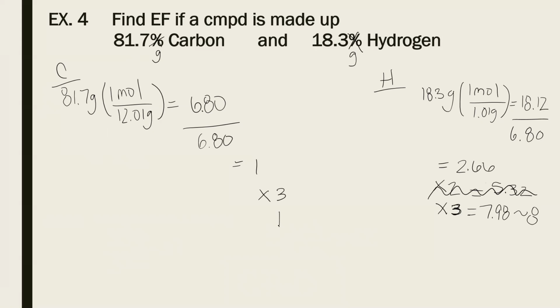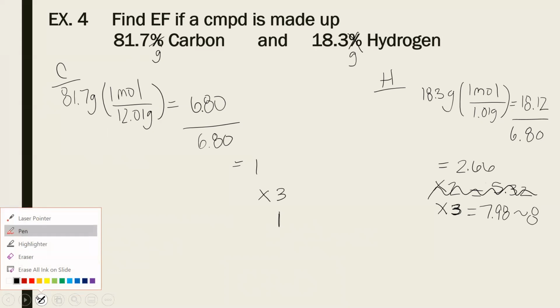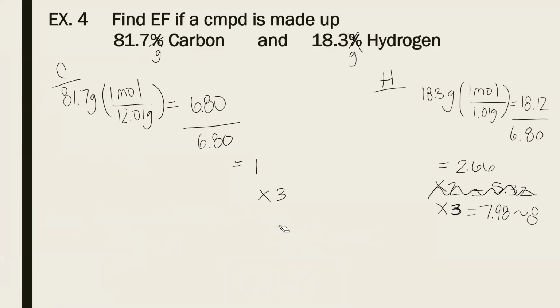So 1 times 3 is going to be, whoops, got ahead of myself. 1 times 3 is going to be 3. And we said 2.66 times 3 gives us 8. So those are actually going to be the numbers you use in your ratio. So it's going to be carbon 3, hydrogen 8.